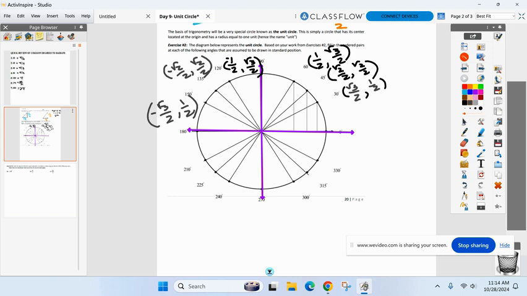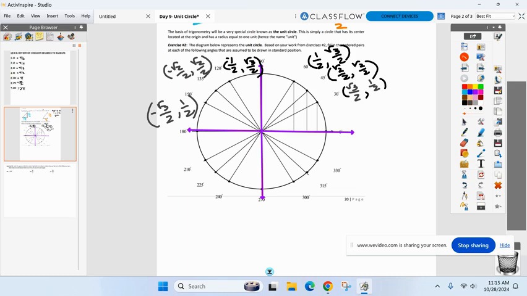300, what's your reference angle? 60. What do we write at 60 then? 1/2, comma, radical 3 over 2. Now pay attention to where you are. What coordinate should be negative? The y. Yep. So make it negative. All right, go. 315. Reference angle. 45. Yep. And then negative y.